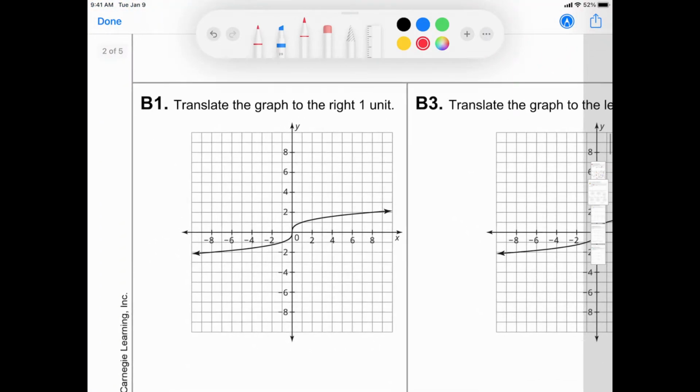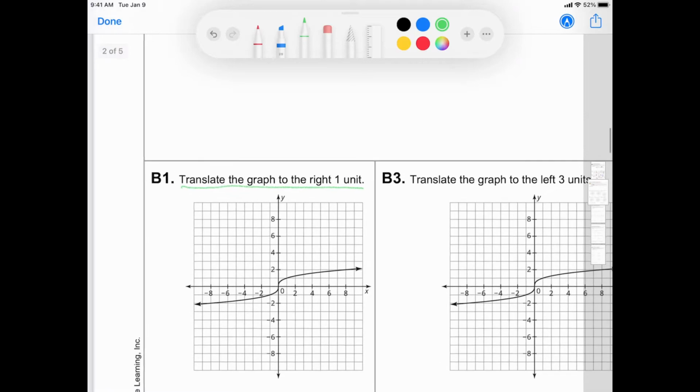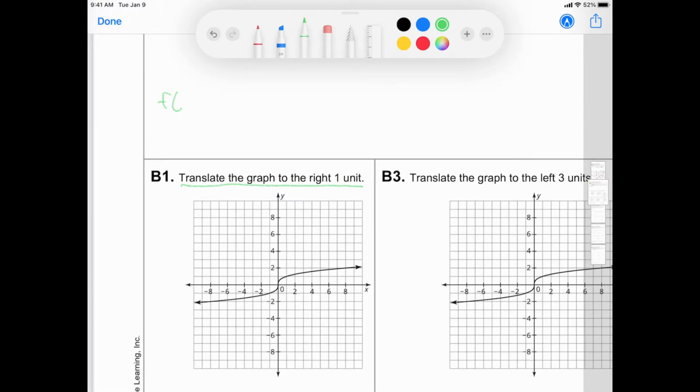Let's look at number 1. So the first thing I'm going to do is probably write an equation and then we can graph it. So how do I take these words, translate the graph to the right 1 unit? Okay, so which letter is this? Go ahead and write it out. And the D is on the outside.